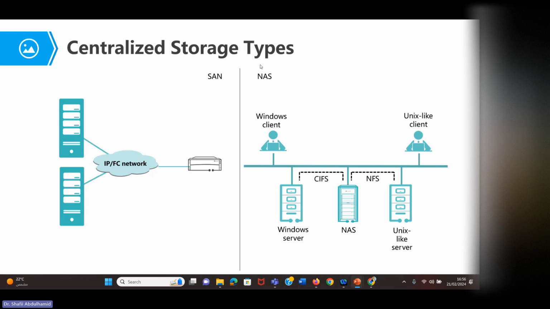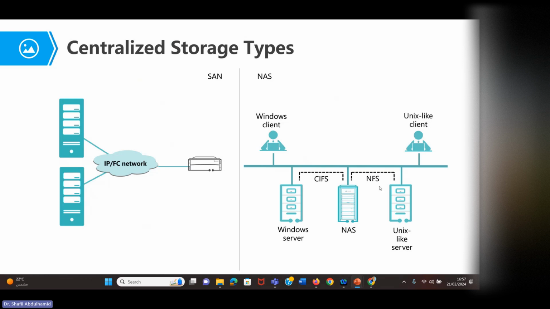For the NAS, similar information is there. So here is the pool of physical resources connected using the NAS technology. The NAS technology uses two types of technologies to share resources with different servers. So you can have one server here and another server here. And this is a client, this is a client. They may be using different types of operating system, like this is using Windows, another one is using Linux or Unix in this case.